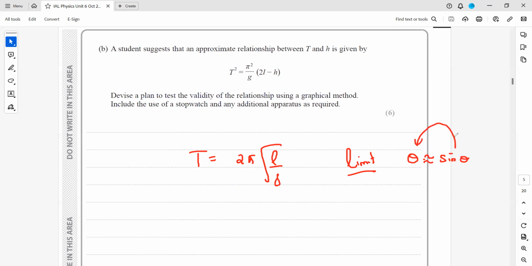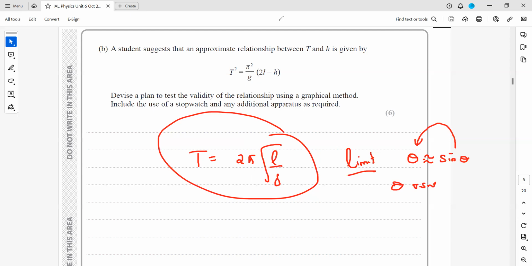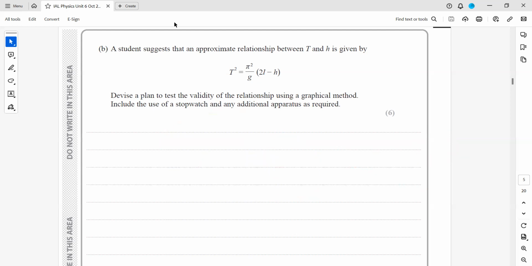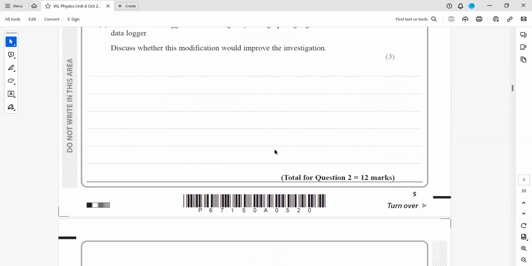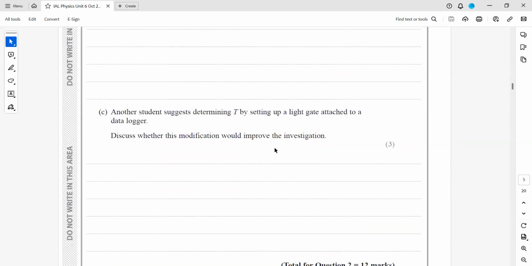Sine theta and theta are equal only when theta is very small. That's why this relation only holds when theta is very small. That's why it's important that you mention that we displace the pendulum to a very small angle. Otherwise, this relation won't be accurate. It will not follow that.